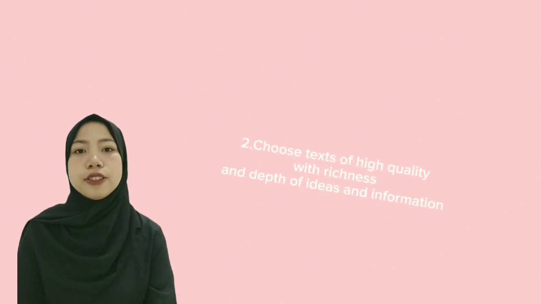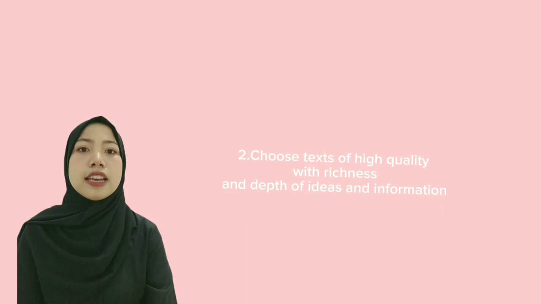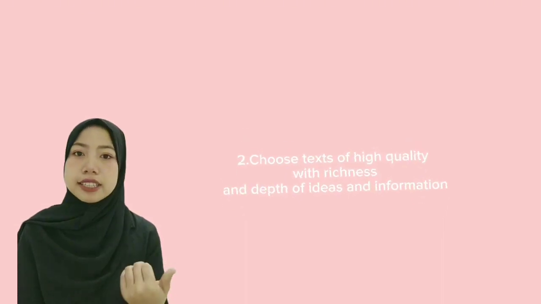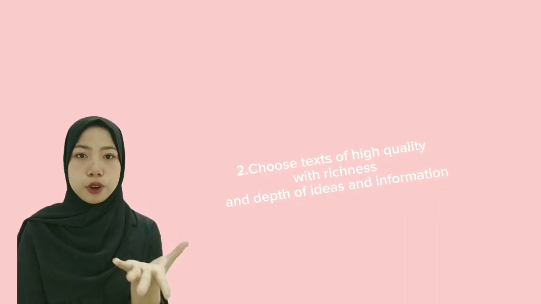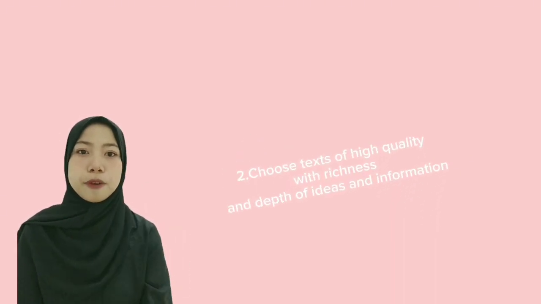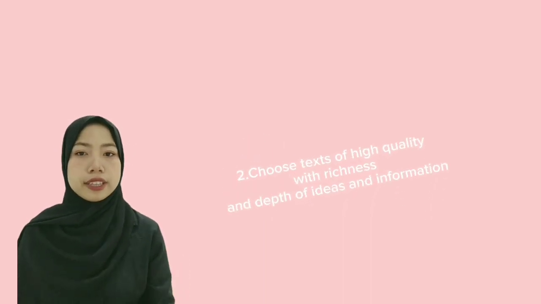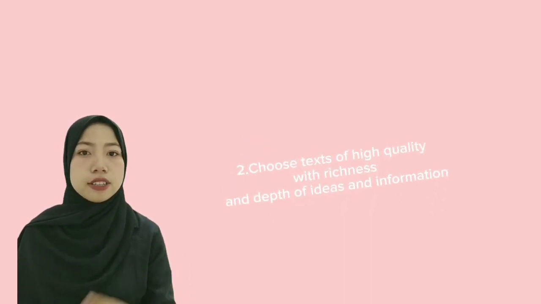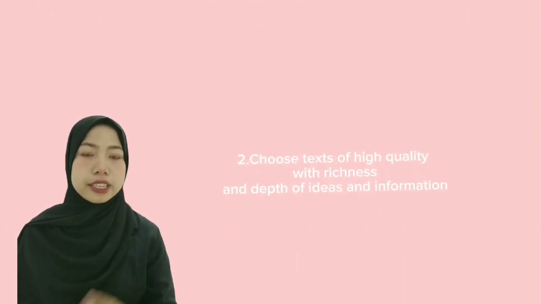Second, choose text of high quality with richness and depth of ideas and information. A story with strong literary value and informational texts that are accurate, well-written, and engaging are consistently good choices for teaching reading comprehension.